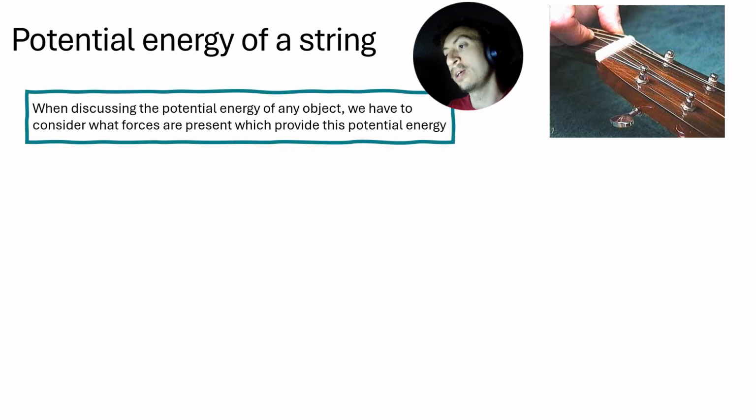So, if we're considering the potential energy of the string, really far removed from any of our modelling of the string, we have to firstly think about what potential energy is. Well, potential energy is energy that a force is causing to be stored in something. So energy which can be released and often quickly converted into kinetic energy when that force is removed.